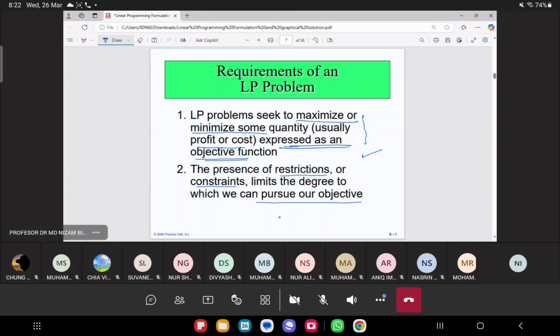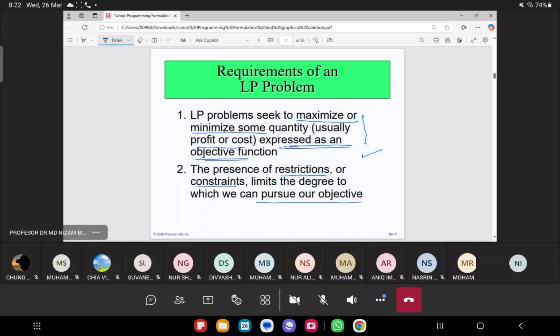If you have a situation where there is no constraint, let's say, for example, you have limitless materials, limitless machines, and a limitless supply of operators, then in that situation you cannot use a linear programming problem to maximize profit, because it doesn't make sense.